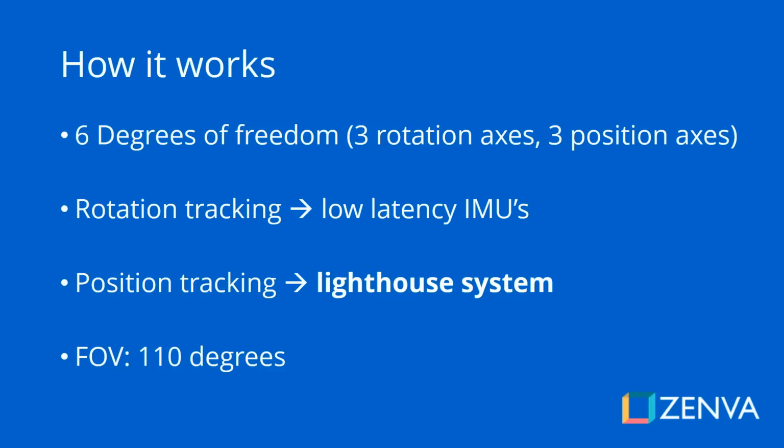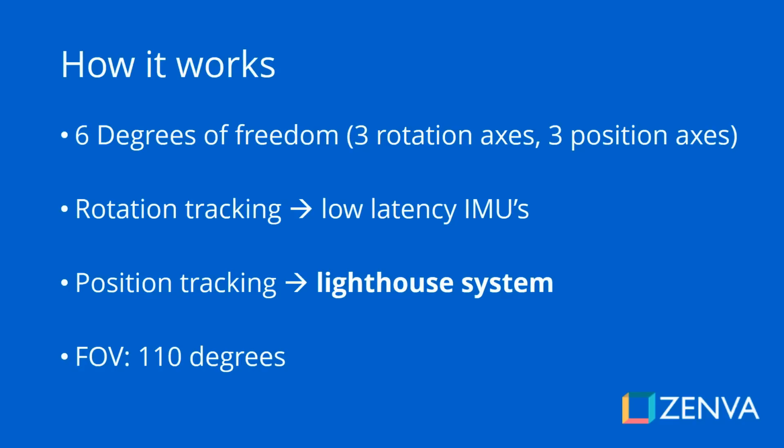When it comes to position, the system that is used to track is called the lighthouse, which I'm going to explain in a second. The head-mounted display has a field of view of 110 degrees, which means a horizontal angle of 110 degrees. Just so you know, we humans see 180 degrees.